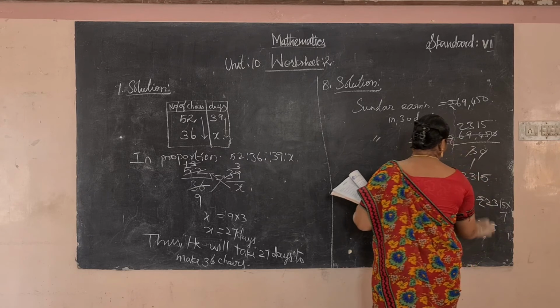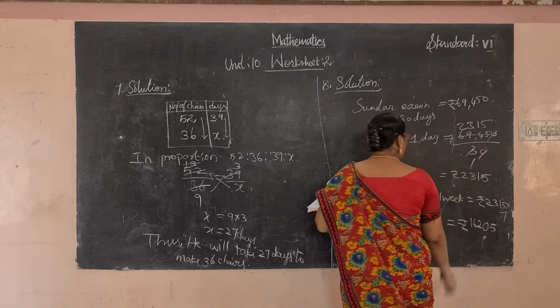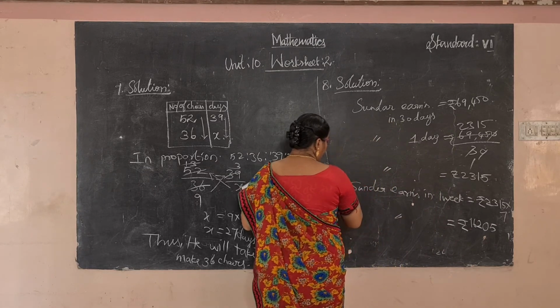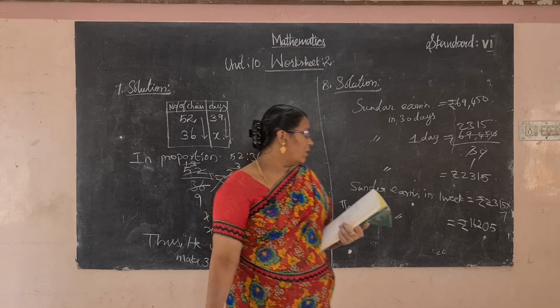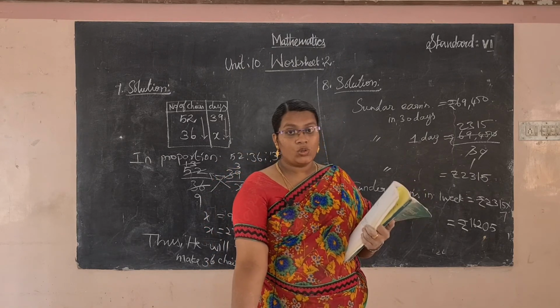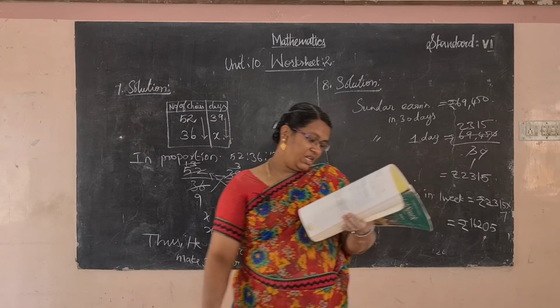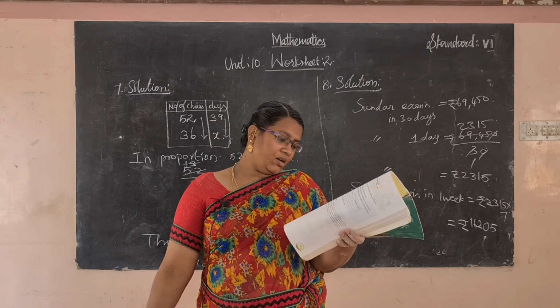Remaining 2, 14, 16. So rupees 16,205. Thus Sundar earns in 1 week rupees 16,205.